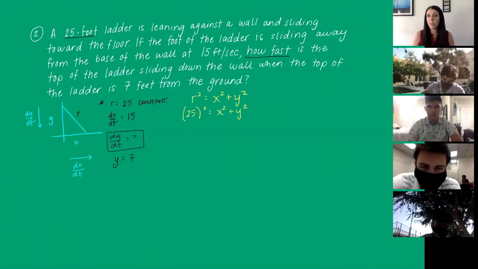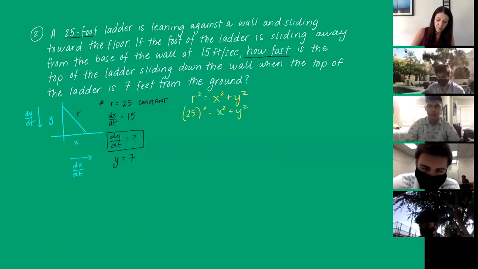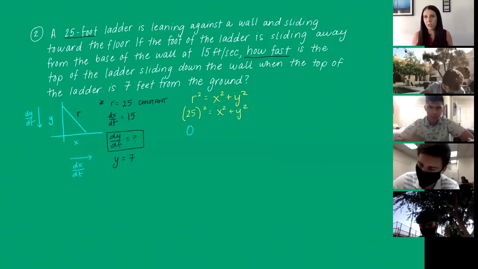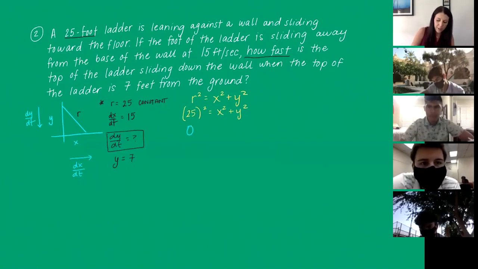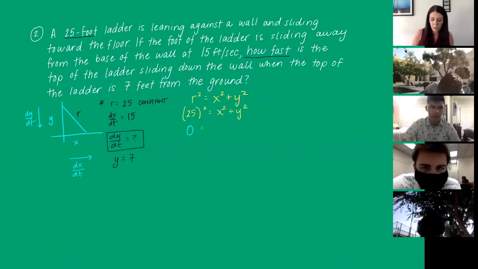On the left side, we have 25 squared, so a number, 625. What's the derivative of that number? Derivative of 625 is 0. Perfect. So again, that made that derivative a lot easier because now it just goes away. Now it's just 0 instead of a 2r dr dt or something else. Okay. How about the derivative of the x squared? What's that equal to? 2x times dx over dt.